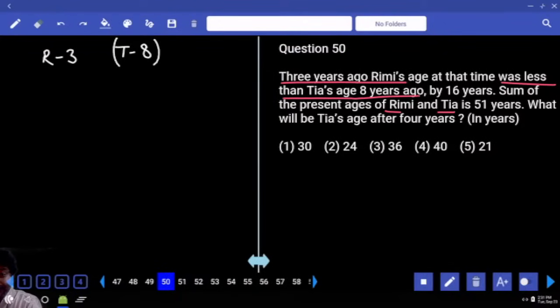Less or more? Less means minus 16. That means R minus 3 is equal to T minus 24. From this, T minus R is equal to 21.